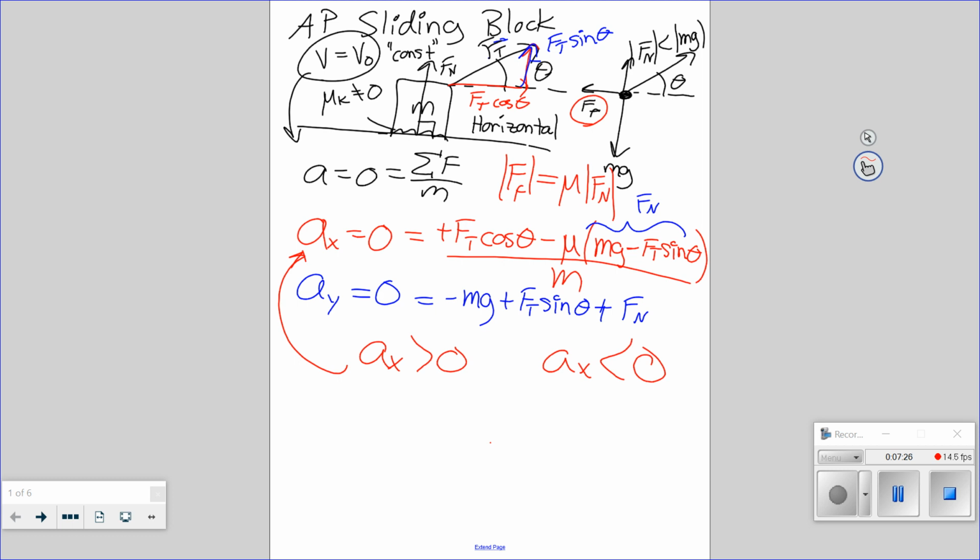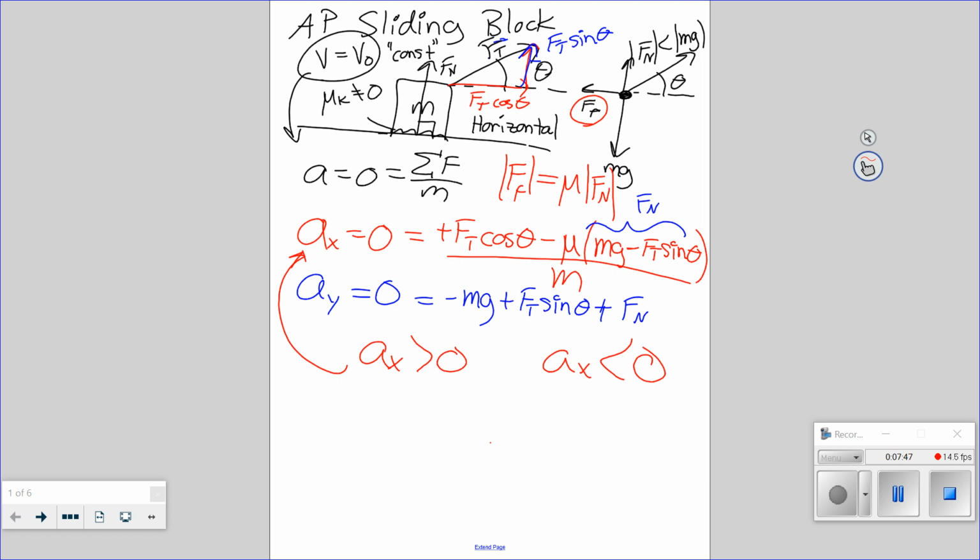And actually exerting more tension or a steeper angle, we won't mess with the angles too much. Exerting more tension would actually decrease the force of friction and make it go faster. Okay, so if we increase the force of tension at all, then we should get some acceleration from this case where it's 0, right? We could actually solve this.